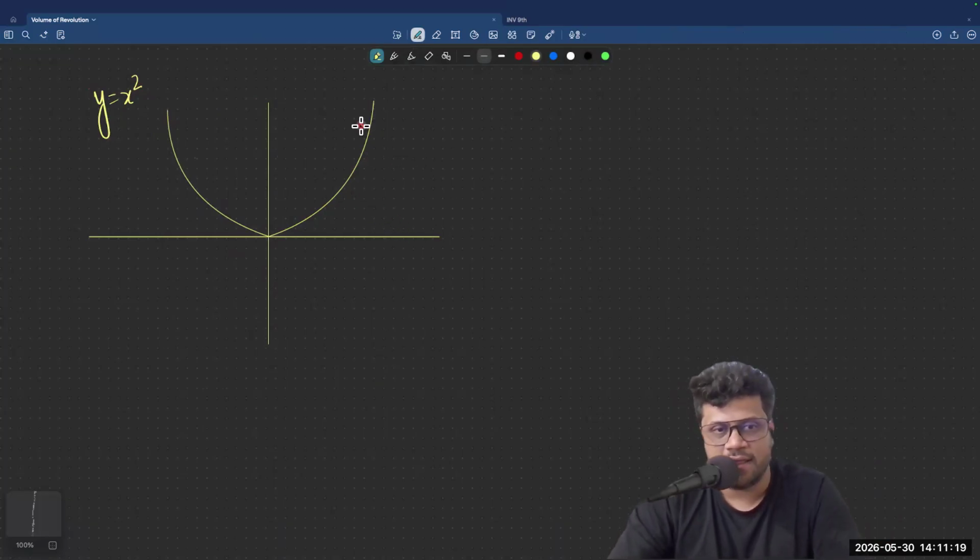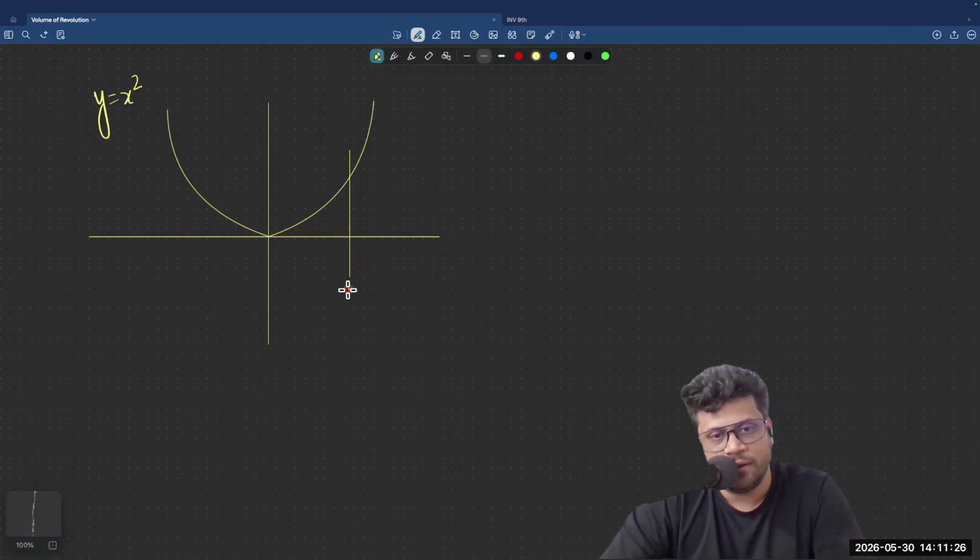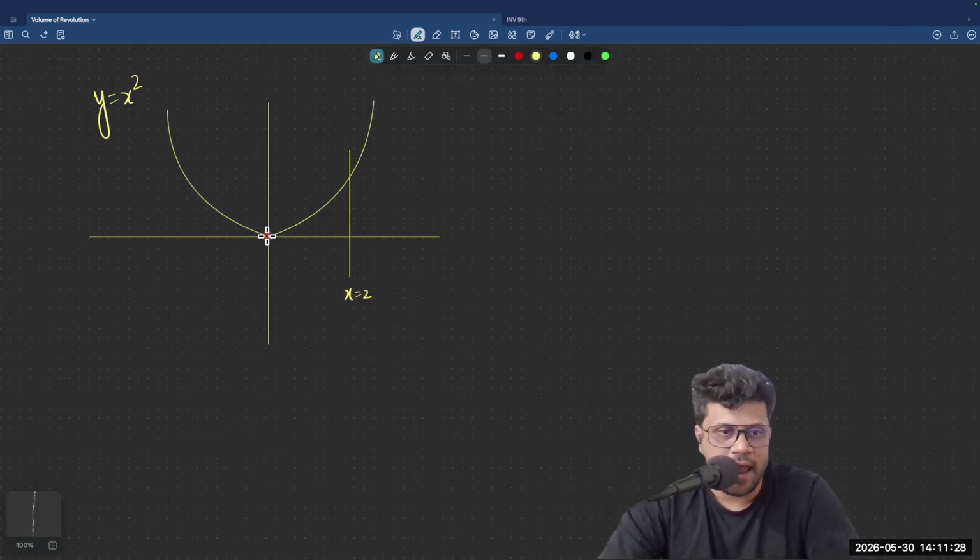And there is an area which is trapped between the curve and x equal to 2 and x equal to 0. So it's basically this area which is trapped.